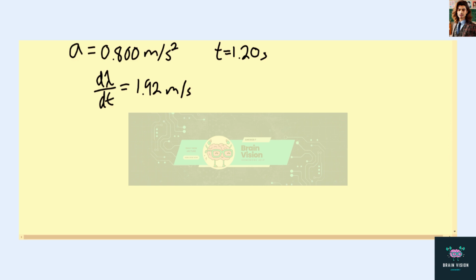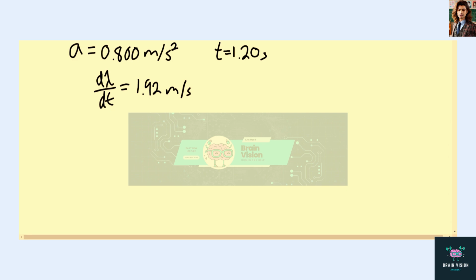In part A, we are supposed to show that the rate of change of the wavelength over time, d lambda dt, is 1.92 meters per second. We're doing this specifically for the fundamental frequency of these transverse waves on the string.